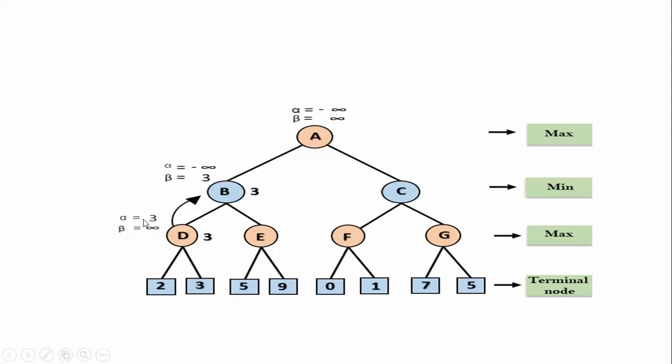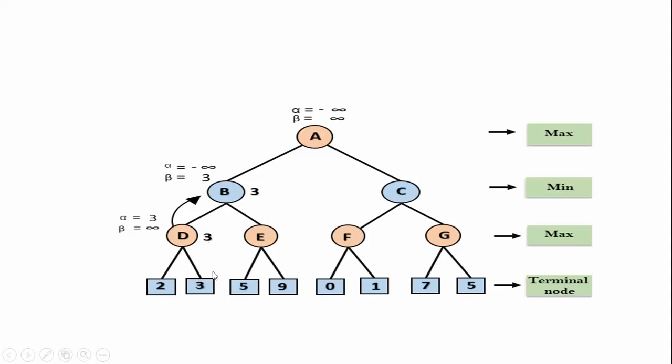First I am checking minus infinity with 2. 2 is the maximum. And then 2 I am going to check with 3. Among these two, which one is the maximum? 3 is the maximum. Now I can replace the value of alpha with 3.